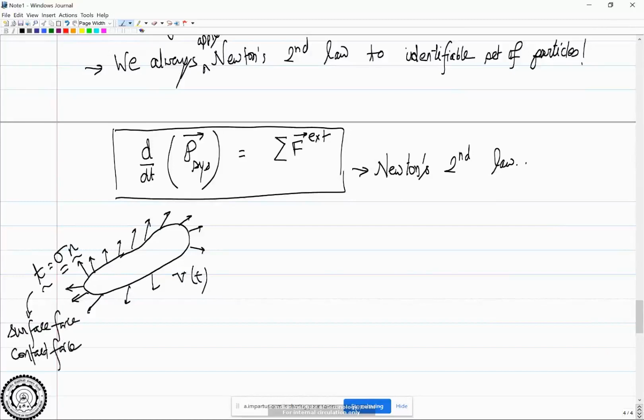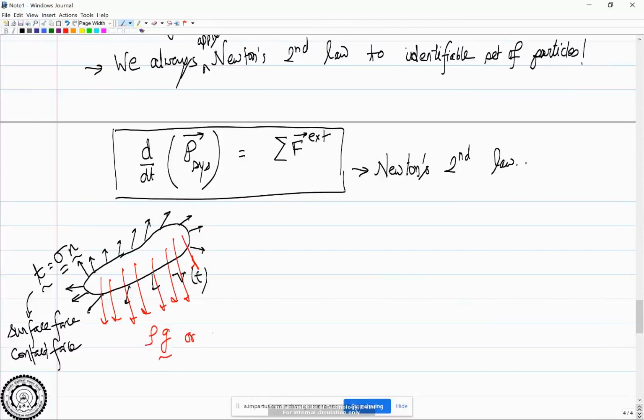But apart from this, you can also have what is called body force, which acts throughout the volume of the body, for example, gravitational force. So gravitational body force is force per unit volume. Okay. So you could write it as rho into g, in case it is gravitational.